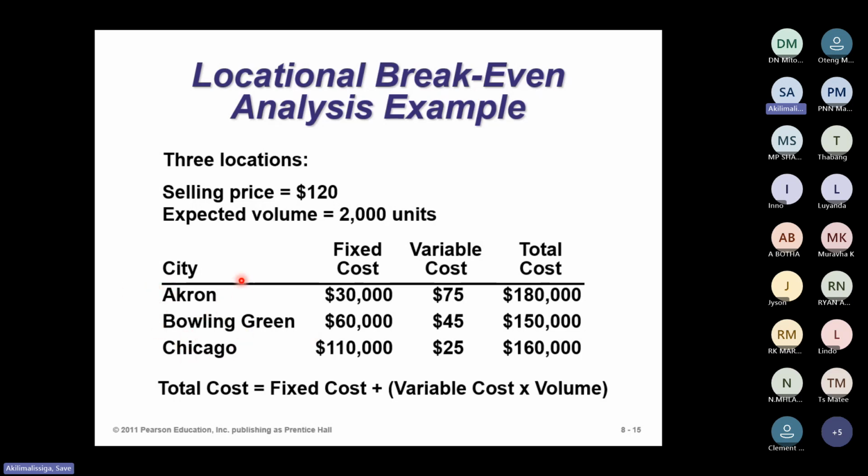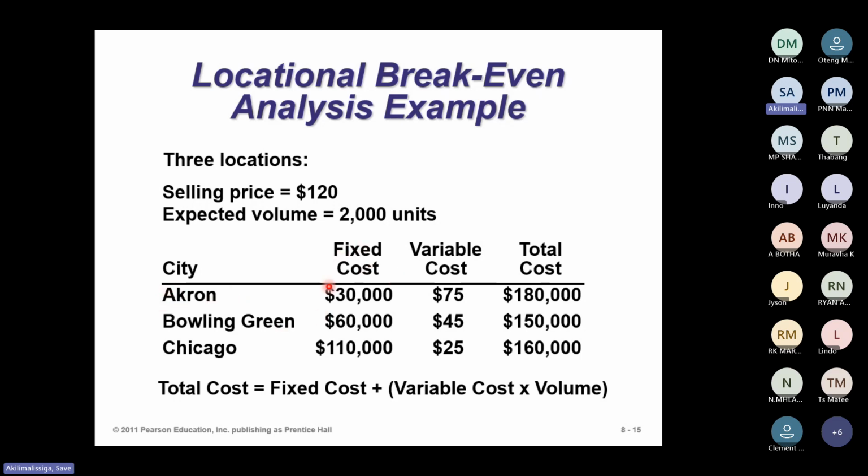It would have been even better to put a South African location so that we can best relate to the example, but anyway, it's not a big deal. The first location here is Akron, then you have Bowling Green, and then you have Chicago.